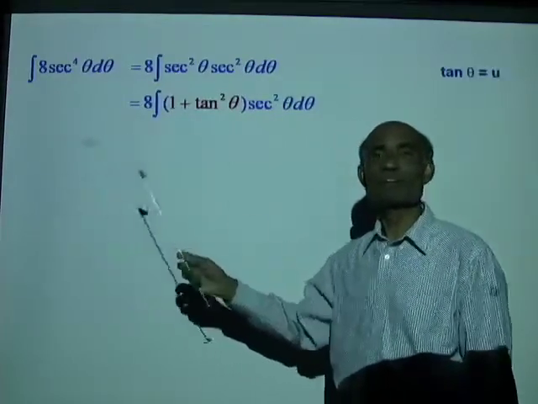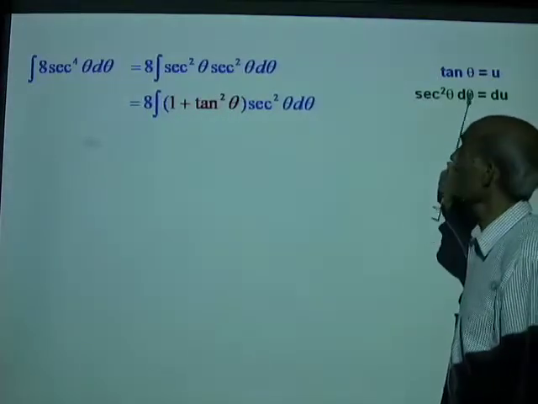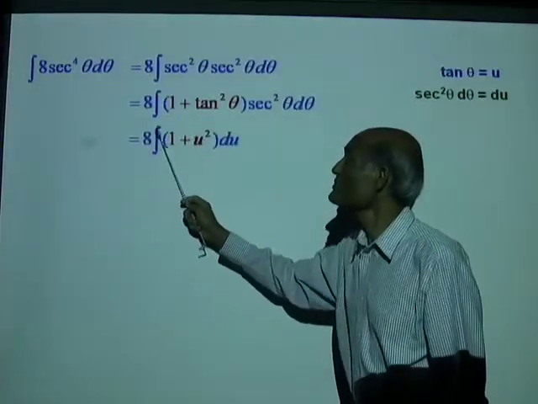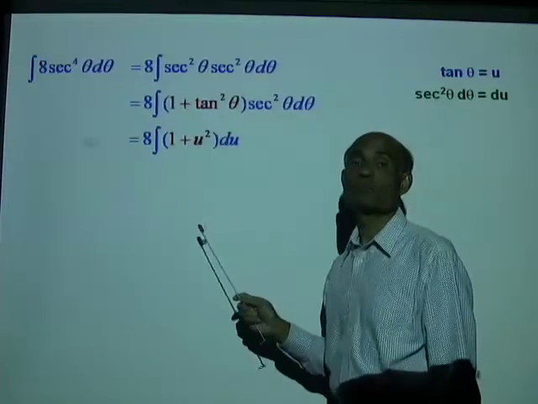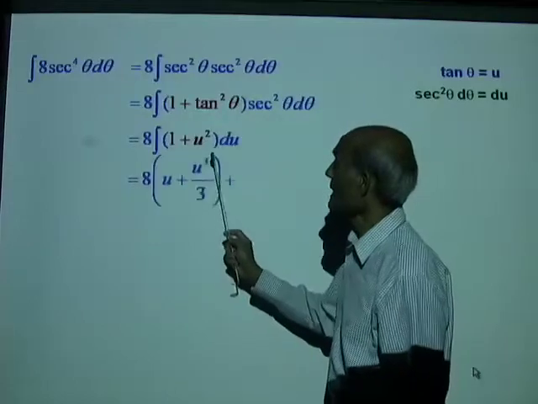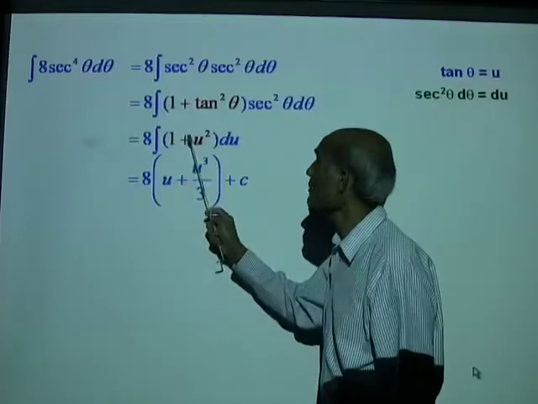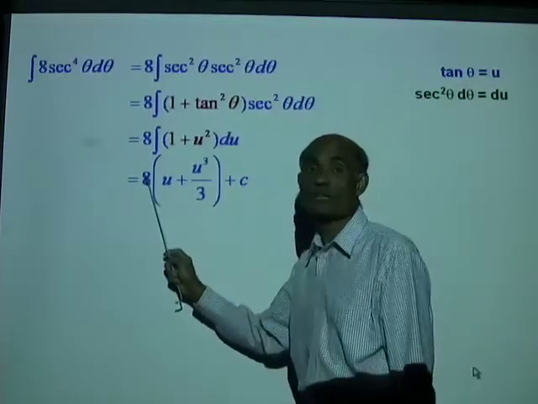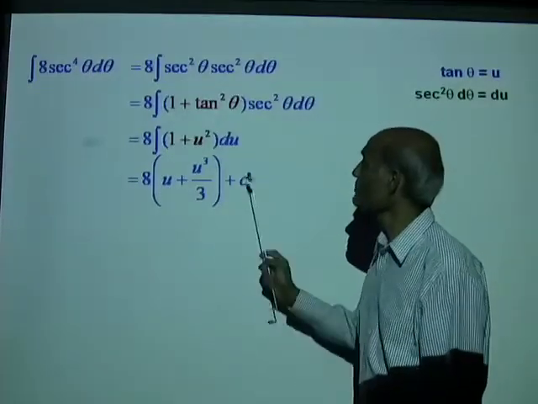Very simple. So tan theta equal to u, secant squared theta d theta equal to du. This now becomes 8 integral 1 plus u squared du, and this can now be easily integrated. Alright, now that will be integral 1 du is u plus integral u squared du is u cubed over 3. So that will be 8 times u plus u cubed over 3 plus c.